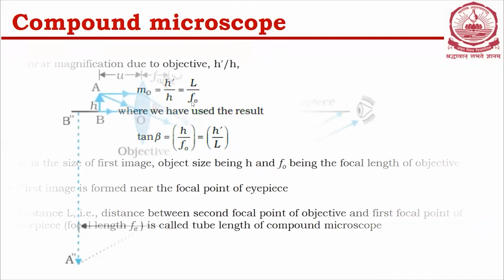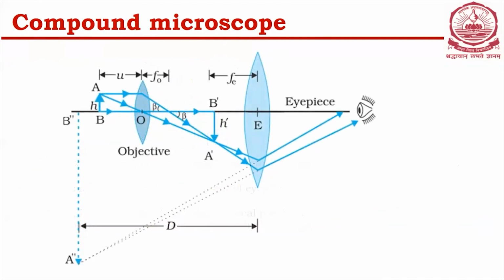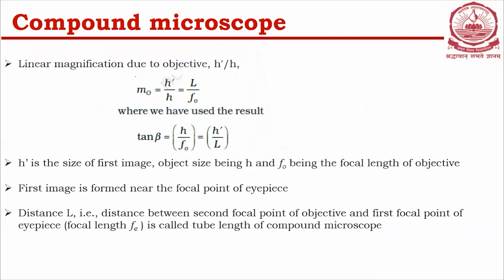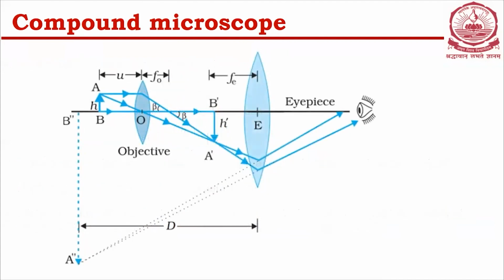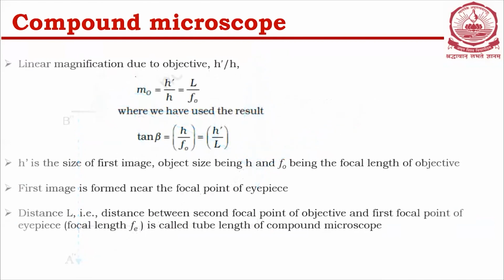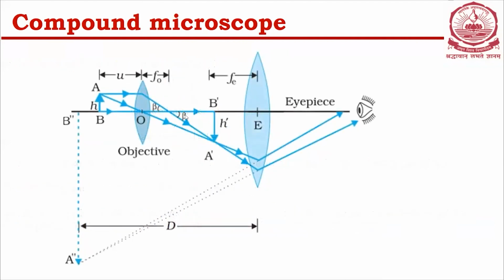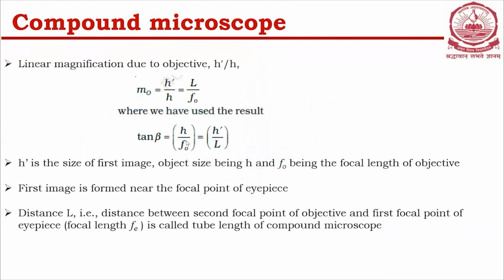What is L? L is nothing but the distance, your image distance. That's what is given, and f naught is your focal length. So you can just find out tan beta. Where is beta here? Tan beta is equal to h by f naught.